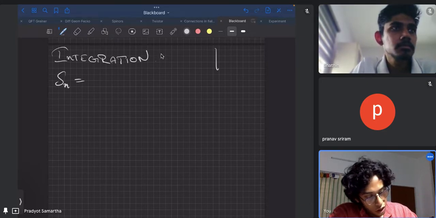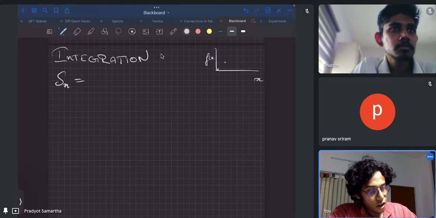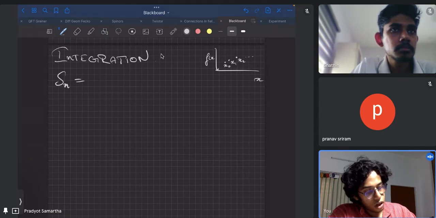So if you have points on your x-axis and this is a function of that, then you have x naught, x1, x2, and so on until xn.